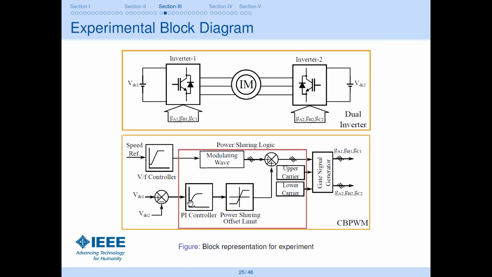The comparison is done through a PI controller, and you put in the sharing limit, which I showed in the prior slide, and you produce your modulating wave as a triplen harmonic injected wave, and compare it with the phase-disposed upper and lower carrier band, and you generate the PWM pulses for both the inverters.